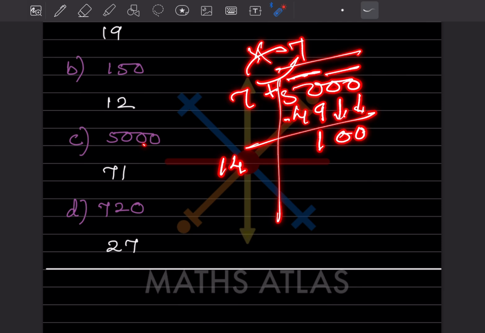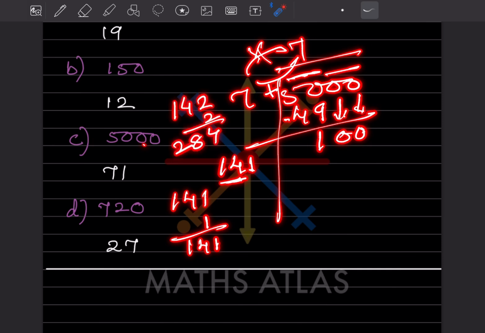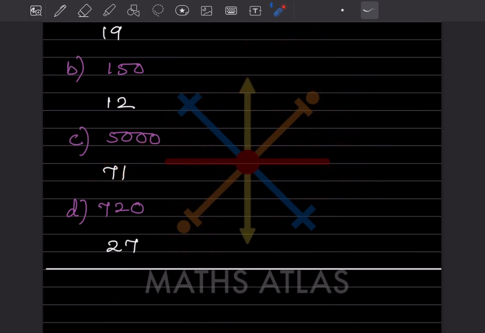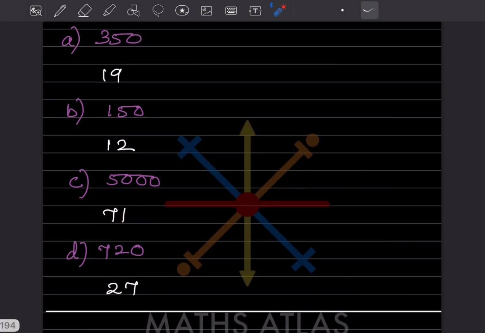So this one will be 141, 141 ones are 141. Of course here we already have 4, and if you are taking 142, that is again going to be a bigger number, because this is just 100. So this will be 141. So the nearest integer is going to be 71.